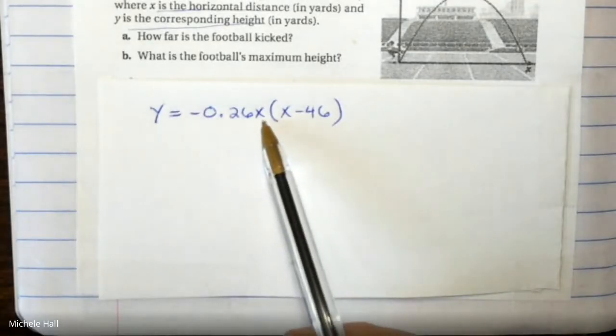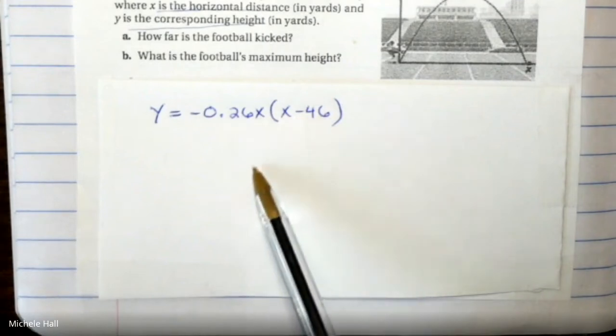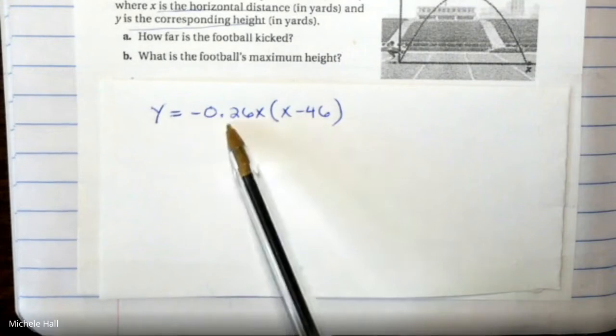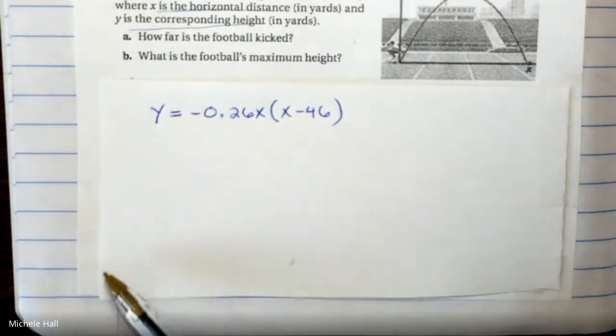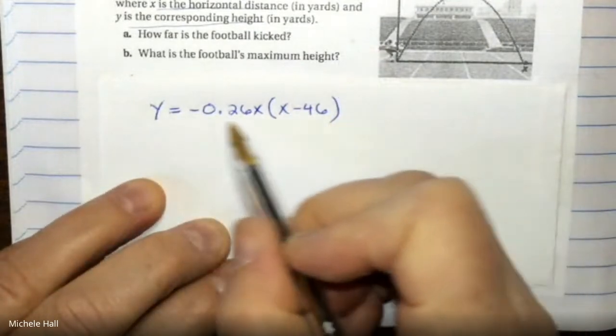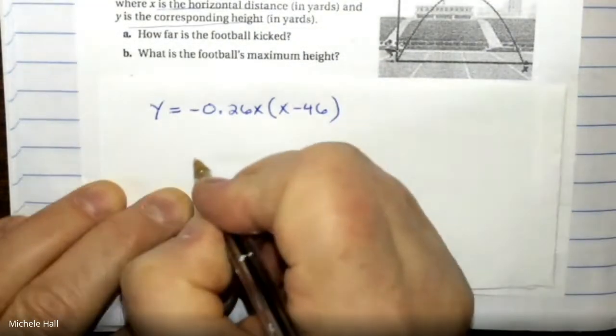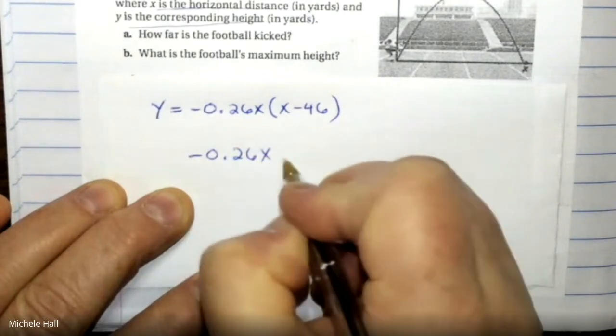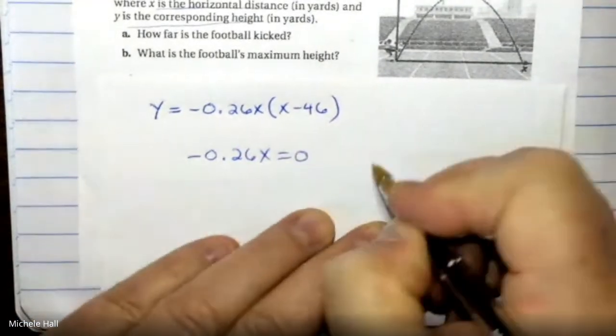We have two x's here, and we need to solve for both of them. We can see that this one is going to be 46, but what about this one? We are going to learn in the next section that we take our factors. This is in factored form. We take our factors, and we set them equal to 0, and then we solve.